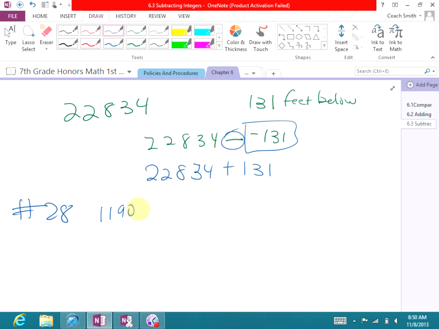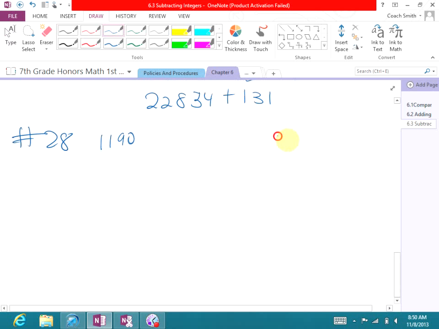Because they went from a higher point to a lower point. In other words, they started at 3,350 feet. Okay? That's where they started. So if we're thinking of a mountain here, they started here, and they ended up 1,190 feet lower at 2,160 feet.